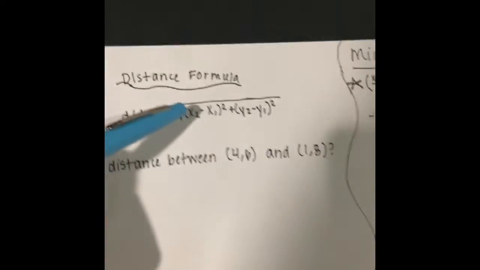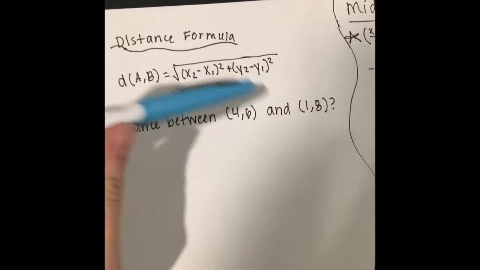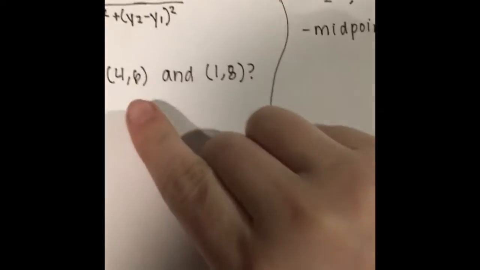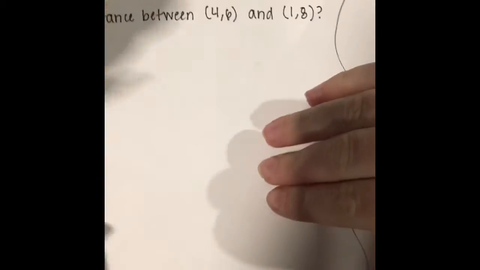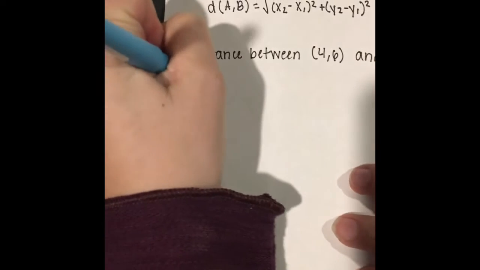Okay, so this is the distance formula. It is the square root of the quantity x2 minus x1 squared plus the quantity y2 minus y1 squared. So for example, we're going to find the distance between (4, 6) and (1, 8). It doesn't matter which one you call your x1 and your x2 as long as you keep it the same. So I'm going to make (1, 8) my x2.